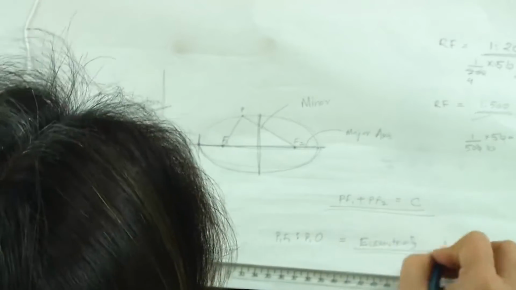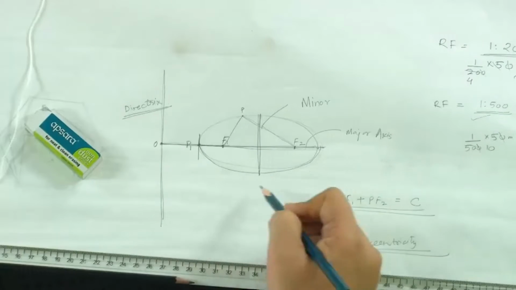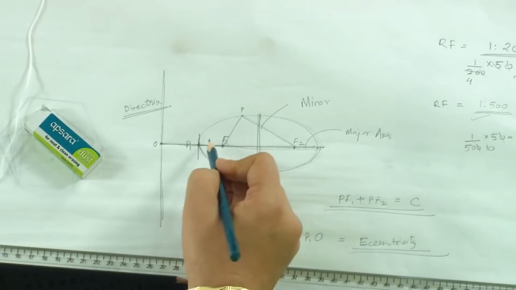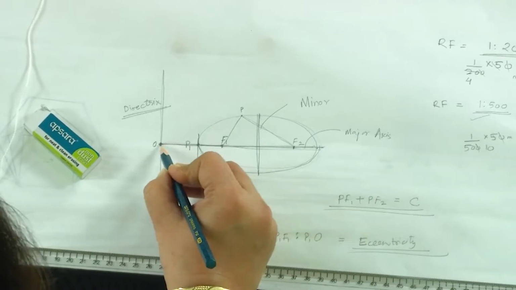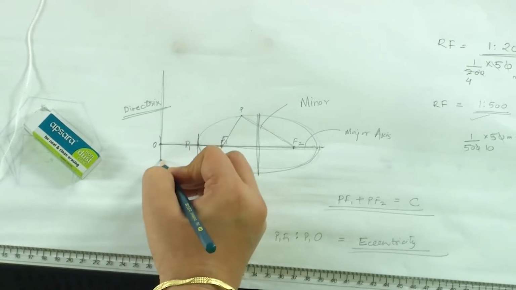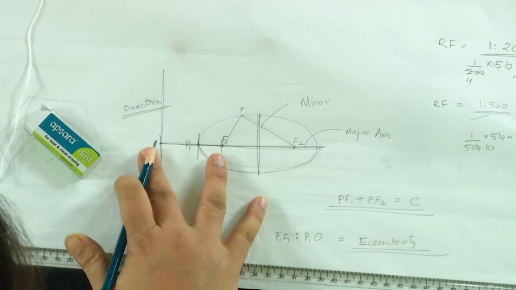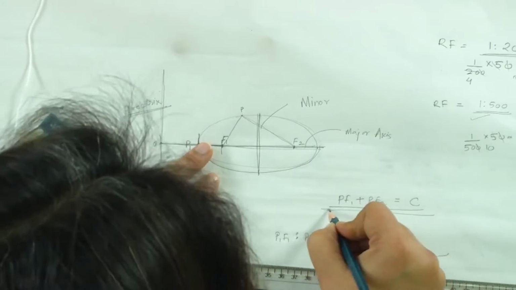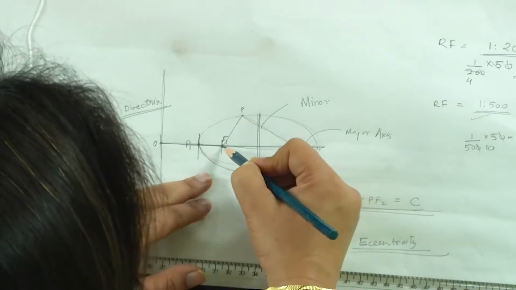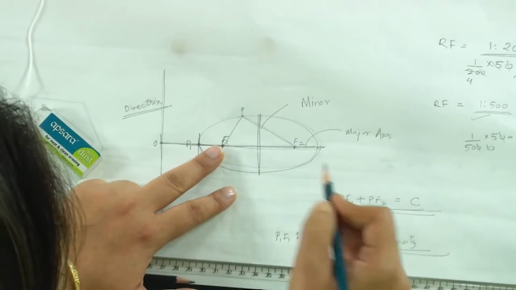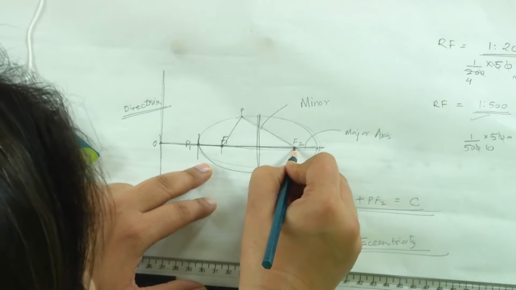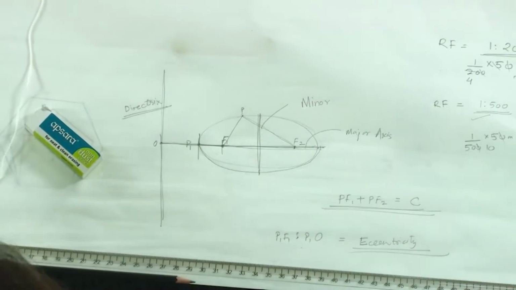This is the eccentricity, and thus this determines what will be the shape of this ellipse. So, we could either know the eccentricity and the distance of the focal point from the directrix, or we get this constant, that is the sum of the distances of the point from the two focal points of the ellipse, plus the distance between the focal points. If we know either of the two conditions, we can actually draw the ellipse.